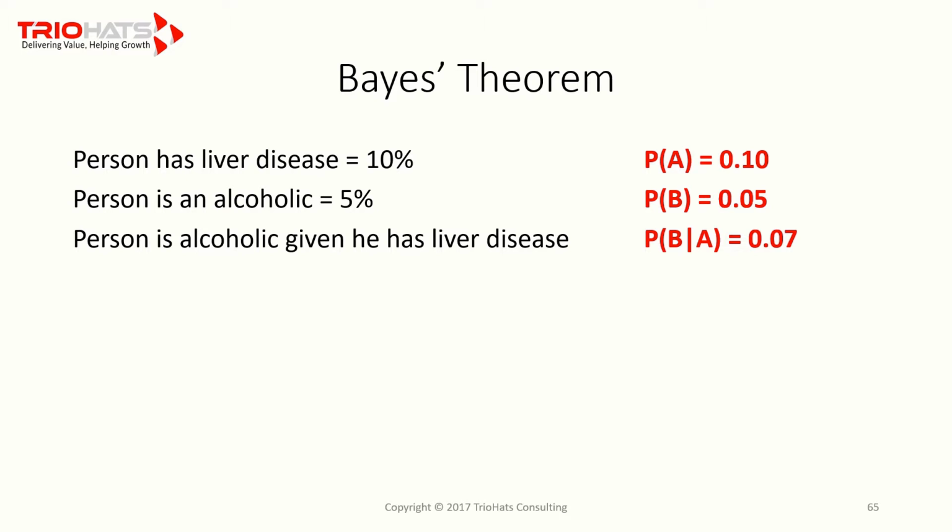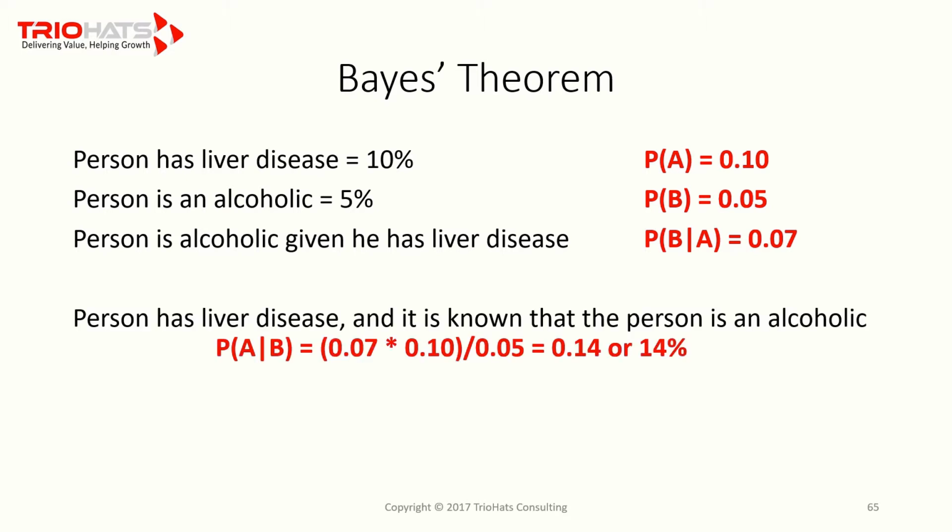Now the Bayes theorem, according to the formula, will tell you what exactly is the probability that the person has liver disease, given that it is already known that he's an alcoholic. And we put these values into the formula, and the chance is 14%.